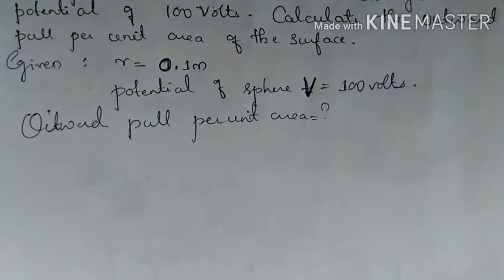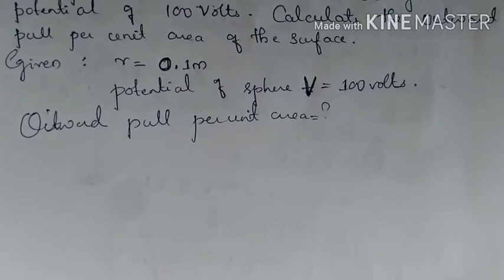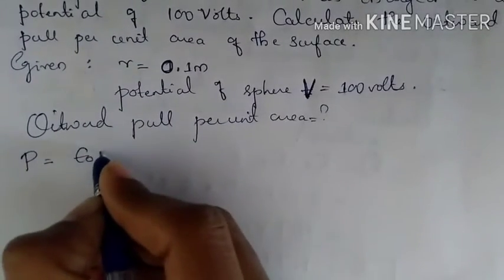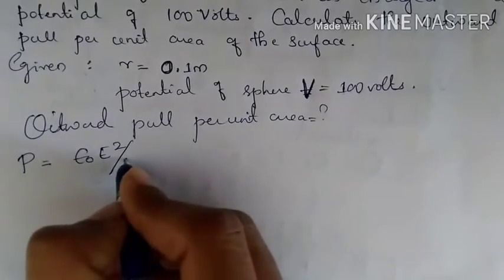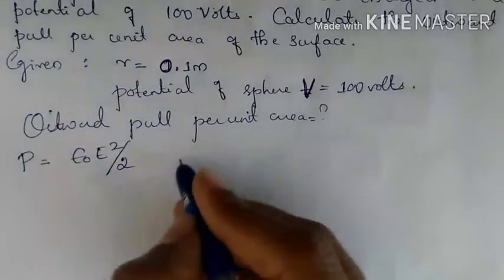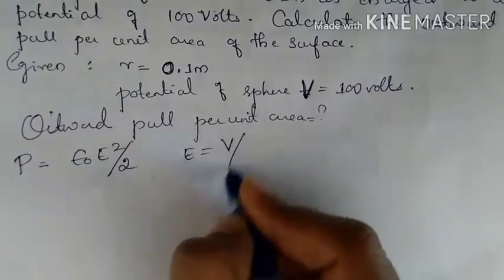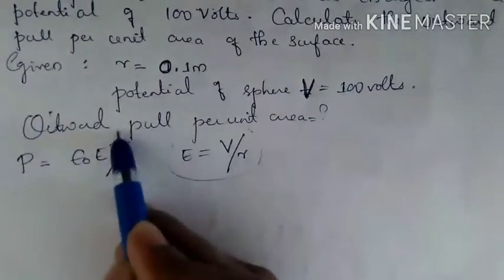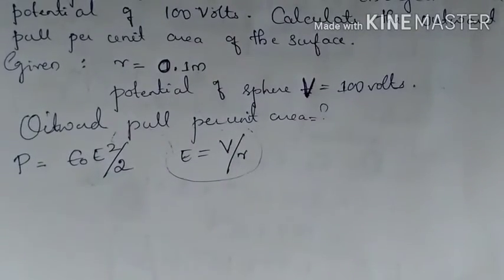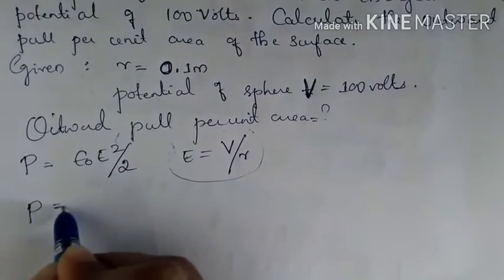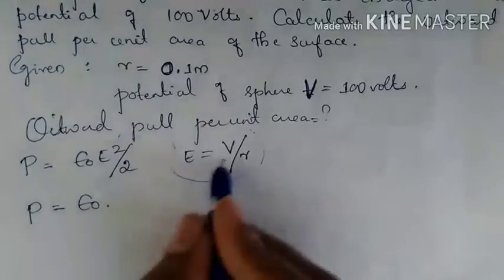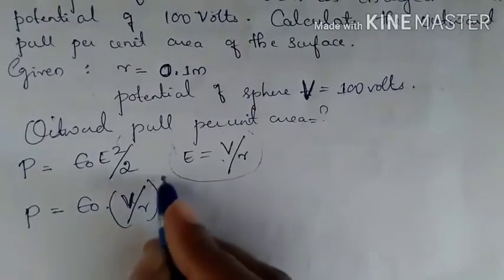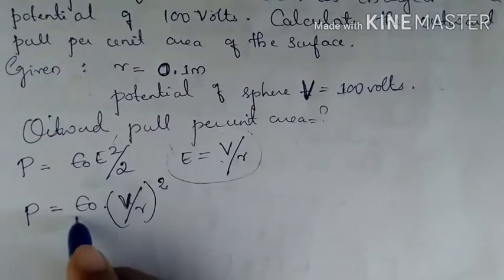So here to find the outward pull per unit area, we need to know P is equal to epsilon naught E square by 2, and what is E? E is equal to V by R. Now if you substitute this in this equation, then you get P is equal to epsilon naught into (V by R) whole square divided by 2.